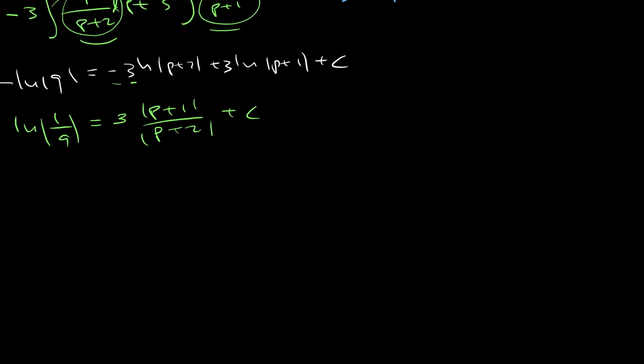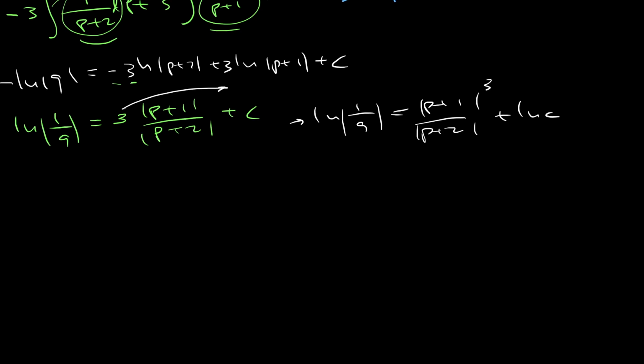So now that we have logs on both ends, we can even further simplify this a bit. We can even get this to the top. So we have ln of 1 divided by q is equal to 3 ln of p plus 1 over p plus 2. This one, the 3, goes to the top. And then you have plus ln of c, which will end up being a constant. But we'll get to this one in a bit.